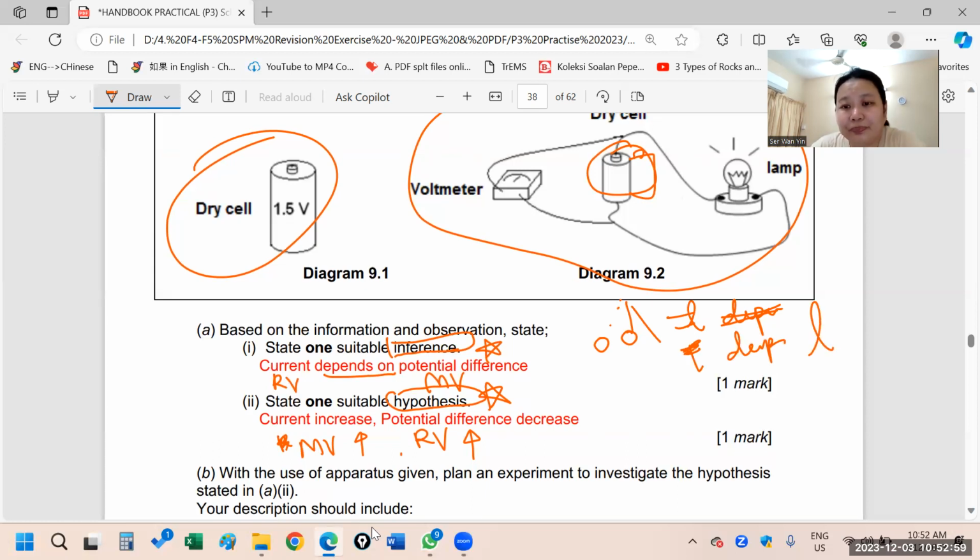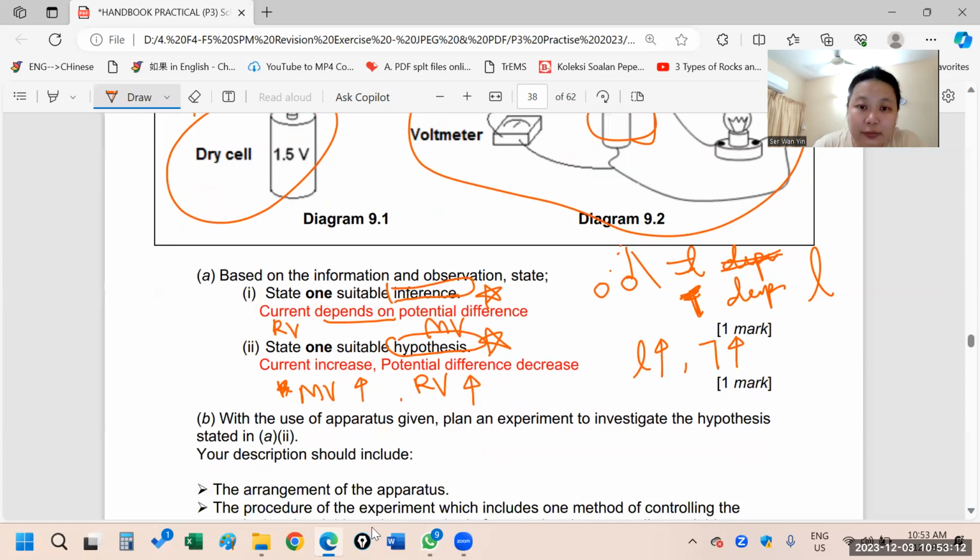So we say period depends on length. The hypothesis is length increases, period increases. So this is the format. Very easy as long as you know the MV, RV format.